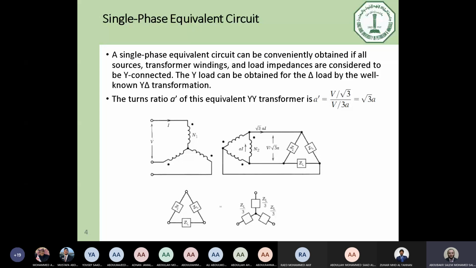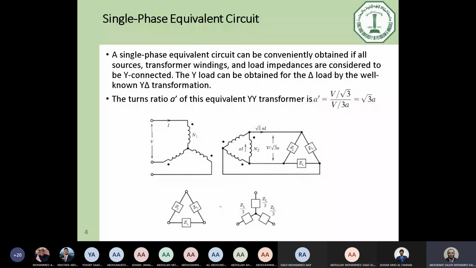We have to convert the three-phase into single phase, and this needs some requirements. If the transformer is connected as a star or delta, if it is star, it's okay, you can convert to single phase directly, because we can consider each phase of the star connection as single phase, and we can consider only one of the phases and solve the problem.